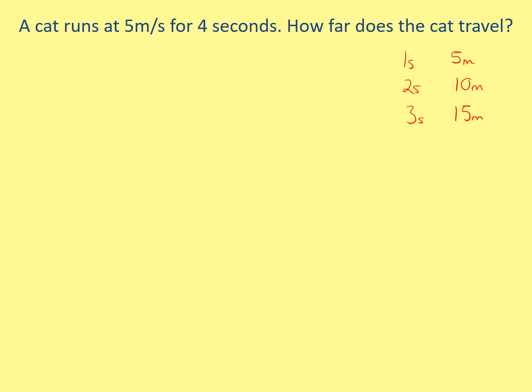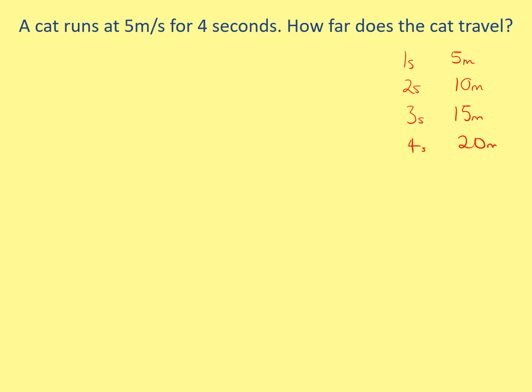And after 4 seconds, the cat will have run 20 metres. So we could do this every time. We could say, okay, they run 5 metres every second for 4 seconds, so let's just count up. But this becomes difficult if you're given a large time. It would take a long time for you to calculate that if you had a large time given to you.